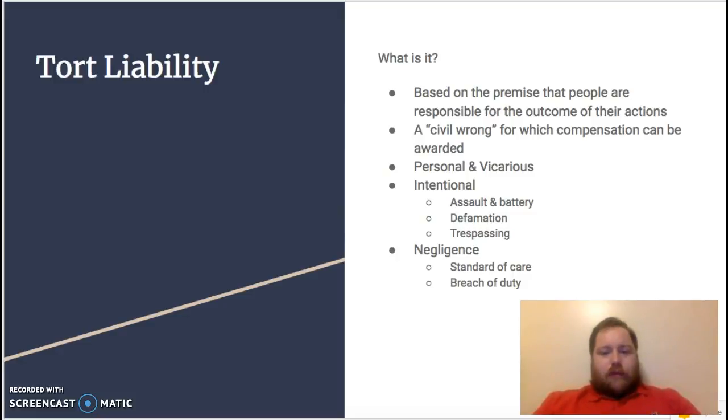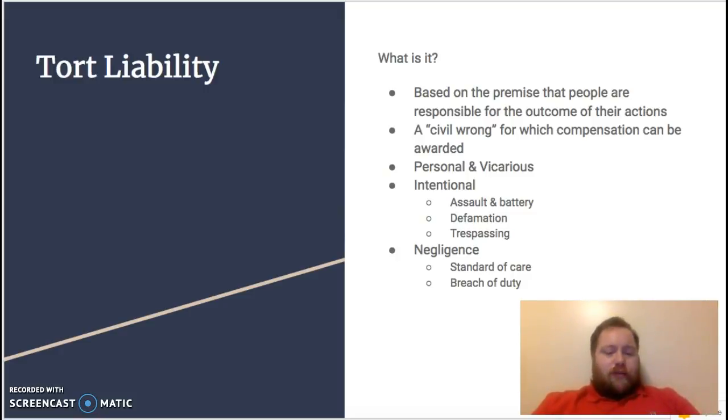There are two broad types: intentional and negligence. Intentional are things that are done intentionally, like assault and battery, which are two separate things. Assault is the intent, made clear, to harm another person, either physically or otherwise, whereas battery is the physical harming of someone else.